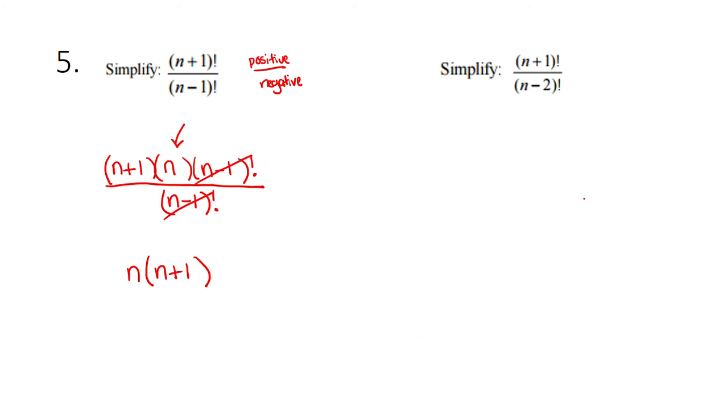Okay, second problem on this slide. Again, we have a positive number on the top, a negative number on the bottom. So the top, we start with n plus 1. If we go down 1 from positive 1, we're going to have our n. If we go down another 1, we're going to have n minus 1. And then we go down another 1, n minus 2.